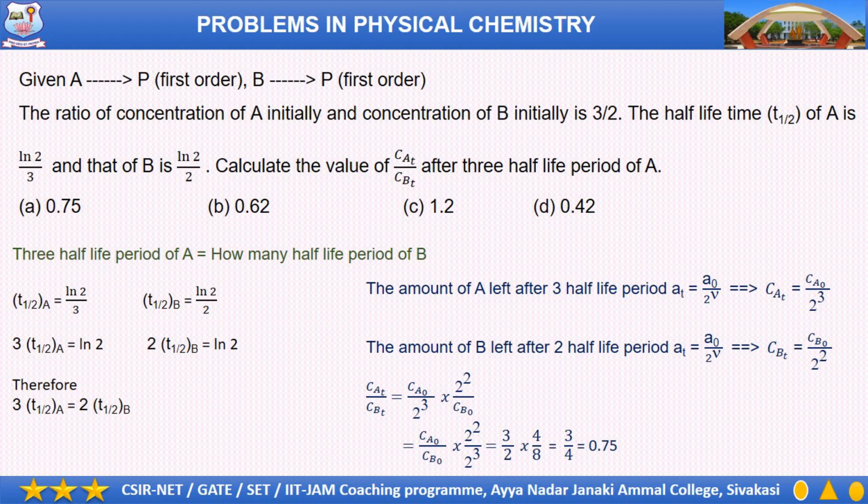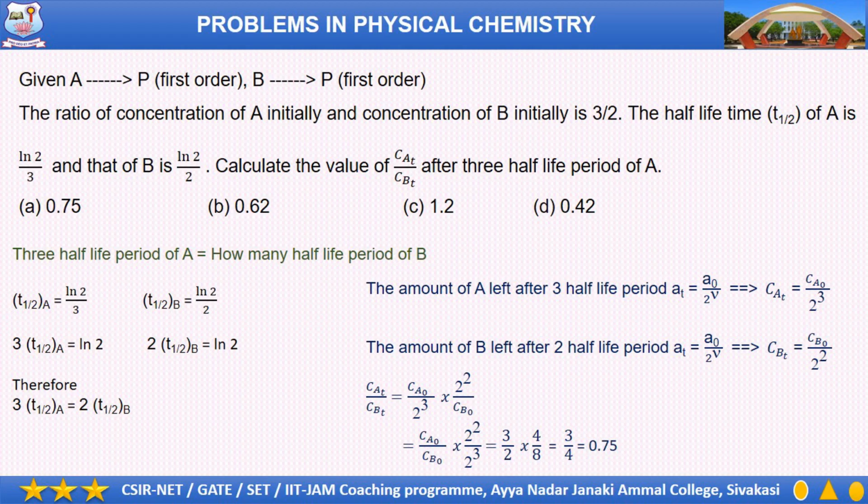T half of A is given as ln2/3 and T half of B is given as ln2/2.